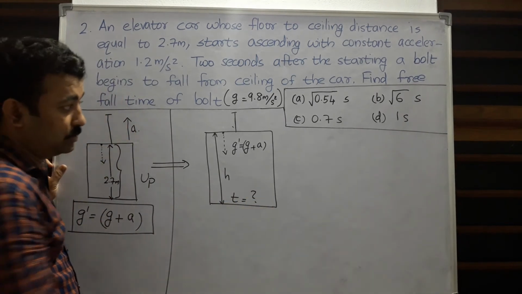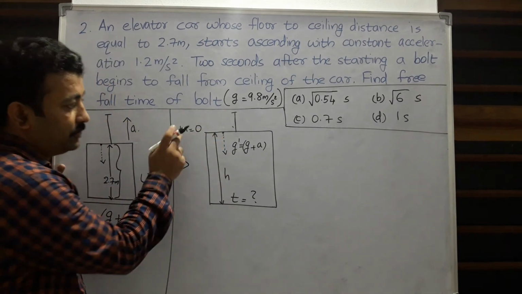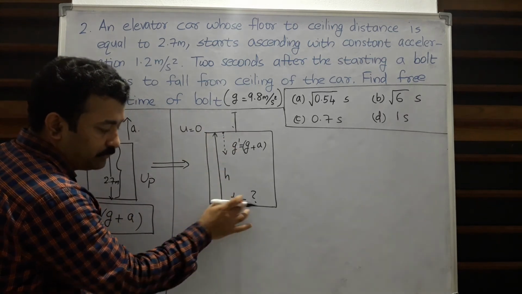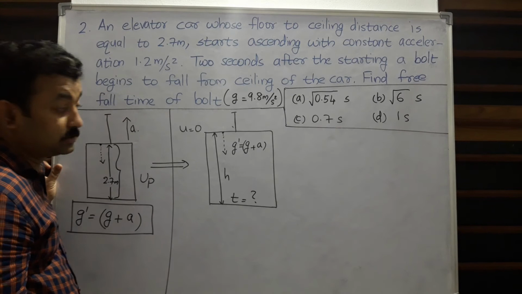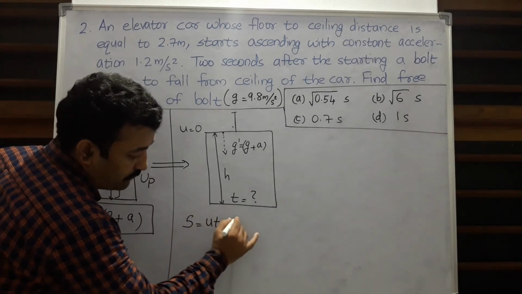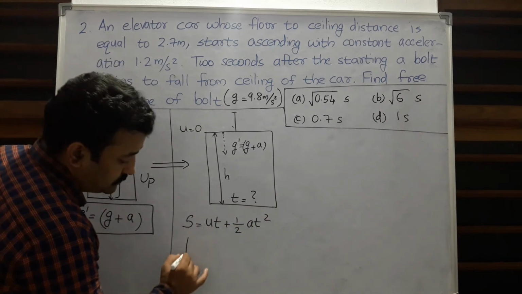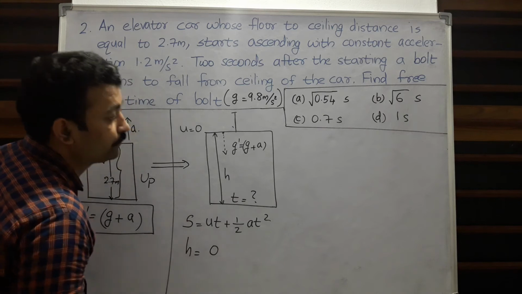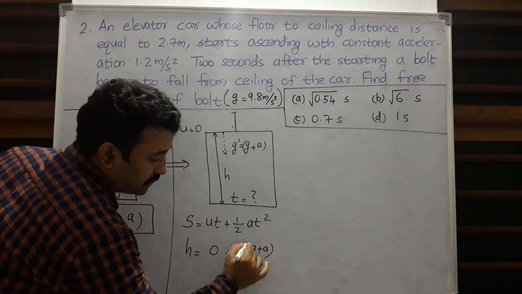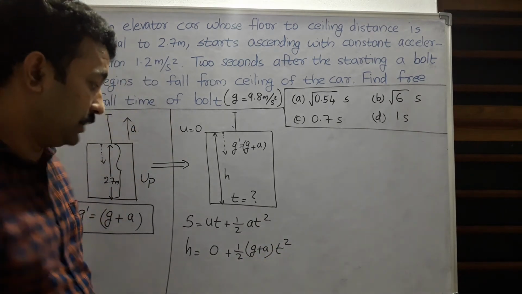You know that it is free fall, so initial velocity is equal to 0. We have got initial velocity, we have got acceleration, we have got the displacement, we need to find the time taken. Substitute. S is equal to ut plus half a t square. S is h, ut is 0, plus half (g plus a) t square. We need to get the t value.